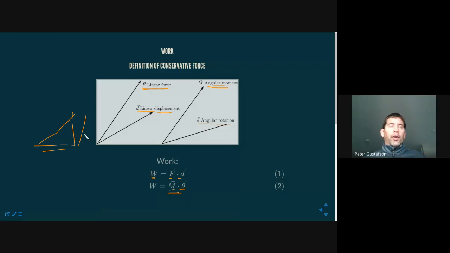Now, and I encourage you to do it, you can do it with your phone as you're sitting at your desk. Most of us have our phones in front of us. Think about if I twist it once this way around the x-axis and then once this way around the y-axis, what's its orientation going to be? Then take it back to its original and go about the y-axis first, and then rotate about the x, and you're going to find that it is no longer conservative in its orientation.